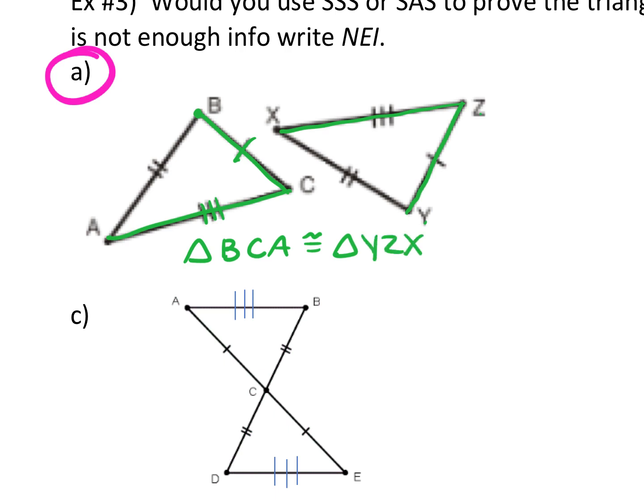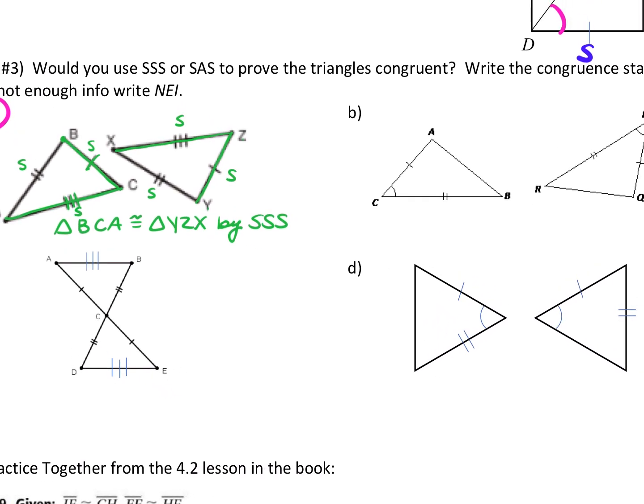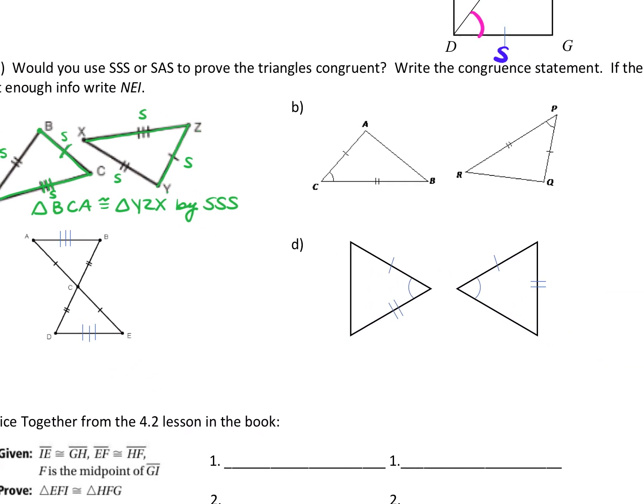Okay, so make sure you name them appropriately, the matching parts. By what? Which congruence theorem? This is SSS, side, side, side. A side that corresponds to a side that corresponds to a side, and a side that corresponds to a side. All right, look at letter B. Are those two triangles congruent?